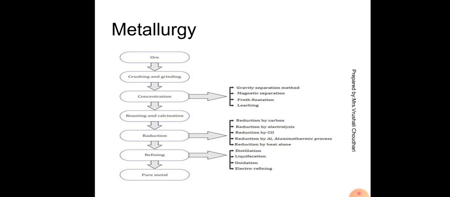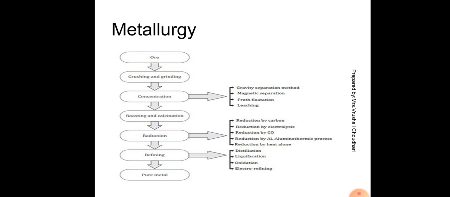It can also be done by electrolysis, or by carbon monoxide. It is also reduced by the aluminothermic process or by heat alone. These are the different processes in which oxygen is removed. Reduction of metal oxide takes place and it is converted into the metal.